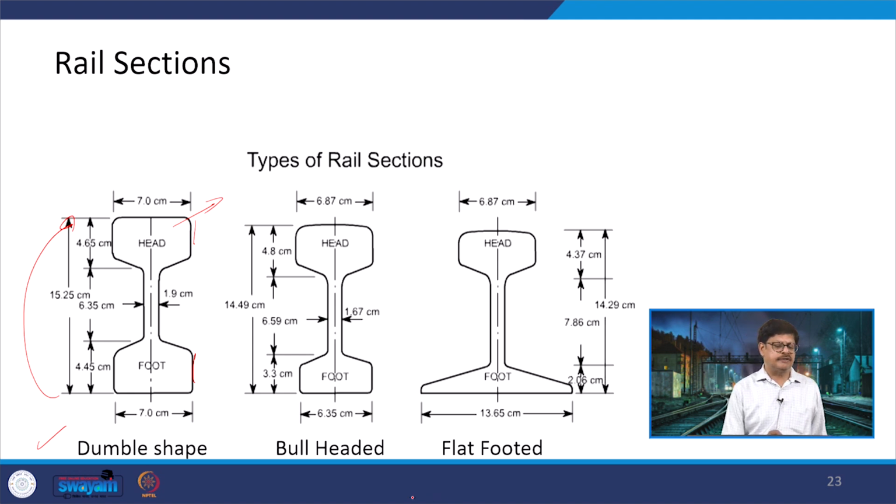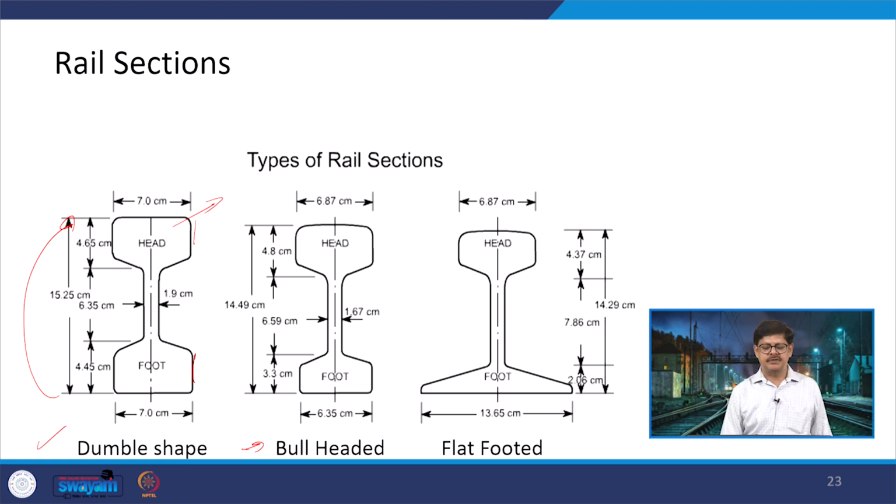But the problem was, if the wear is higher, then how to fit that particular rail again, and it has been observed that the wear has taken place much earlier, even in the head which had no wear and which was reversed from foot to head. So, looking at the amount of wear going on in the head, it was decided to come up with another section which was bull-headed.